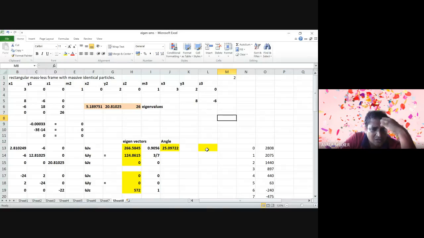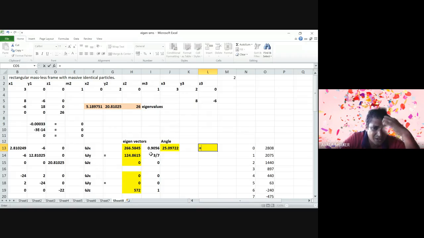If you want to calculate omega x, you leave this whole column and this row, so the remaining 4 elements. When you use Cramer's rule, omega x, omega y, omega z will give you not exact values, they're ratios.